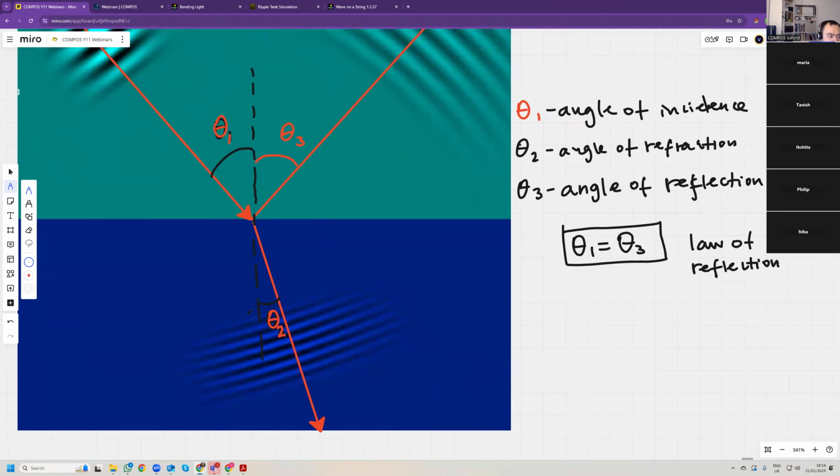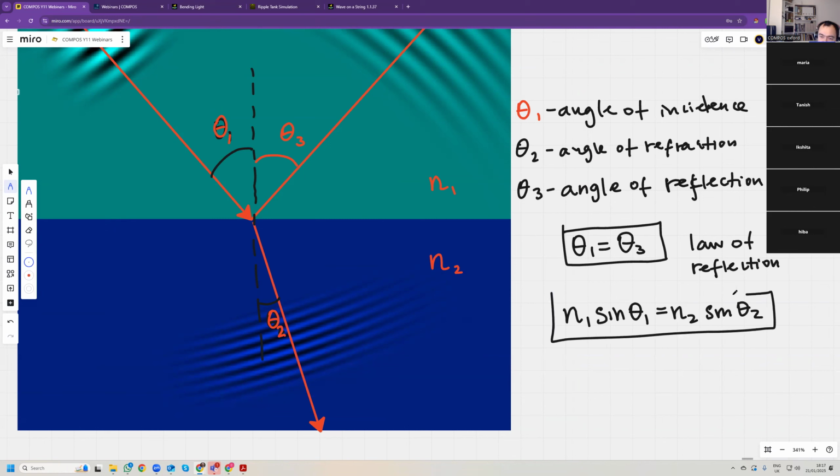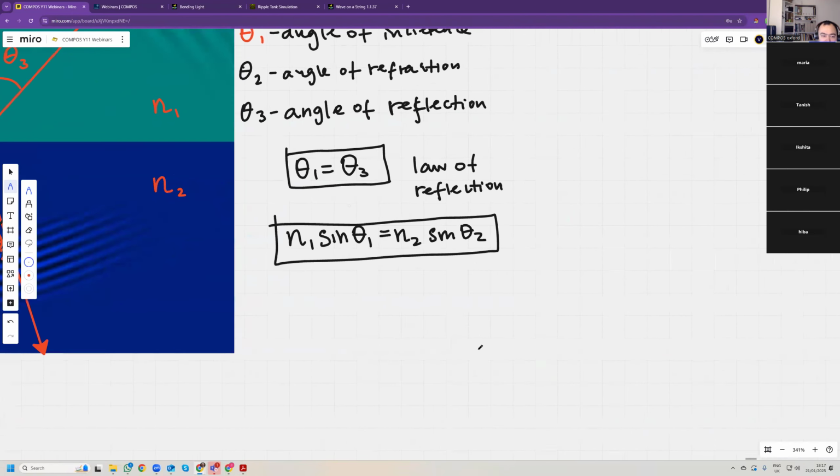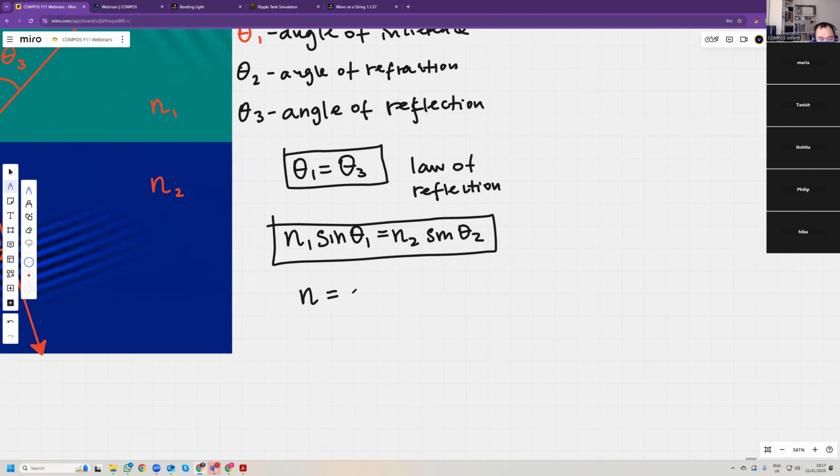And the law of refraction says that if the refractive index of this material is N1, and the refractive index of this material is N2, then we have Snell's law of refraction, which is N1 multiplied by sine theta 1 equals N2 multiplied by sine theta 2. That is Snell's law of refraction. Sometimes it's written simpler, like this: N is sine of the angle of incidence divided by sine of the angle of refraction.